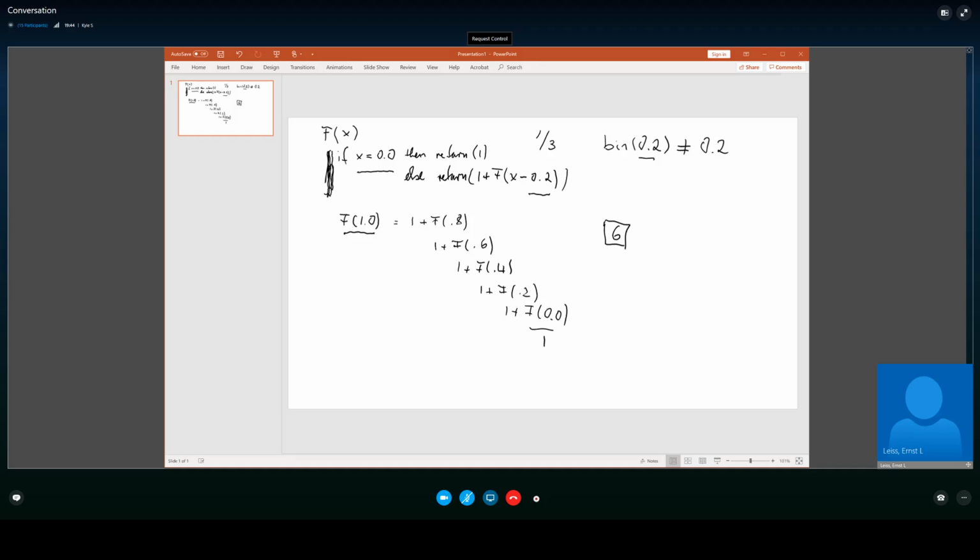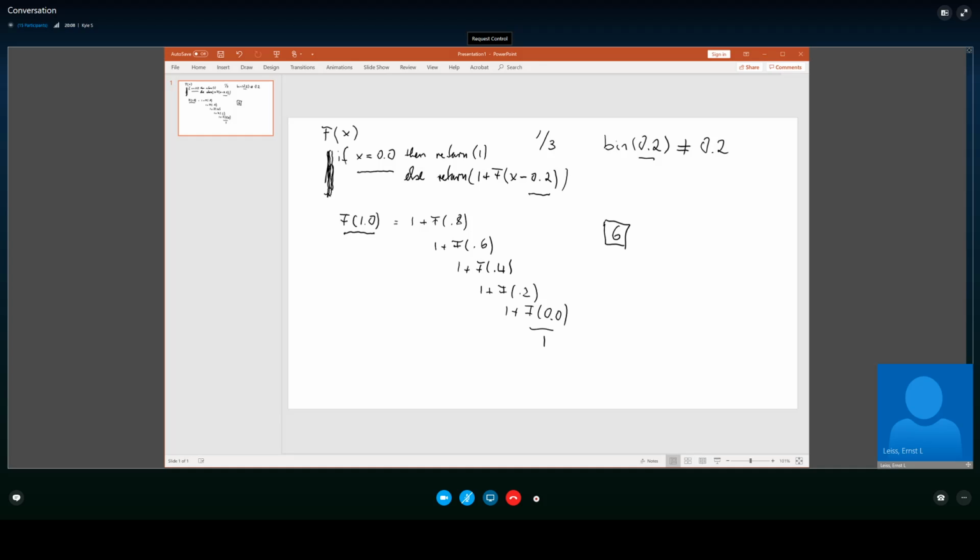And because we're not going to hit x is equal to 0.0, we're going to be off a little bit. It will continue, and it will continue, and will continue, because we'll never hit 0.0 exactly. And that will go on until we have exhausted the amount of space that was allocated for the stack.